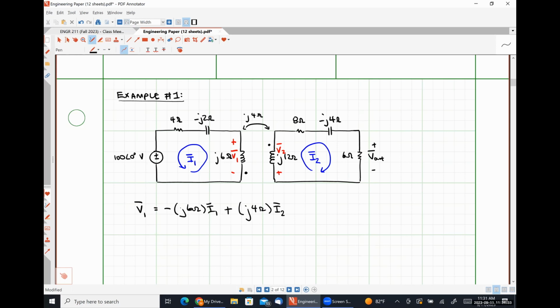Look at what's going on for our voltage V2. The positive polarity terminal is at the undotted terminal of our coil. Should it be positive or negative? Positive.